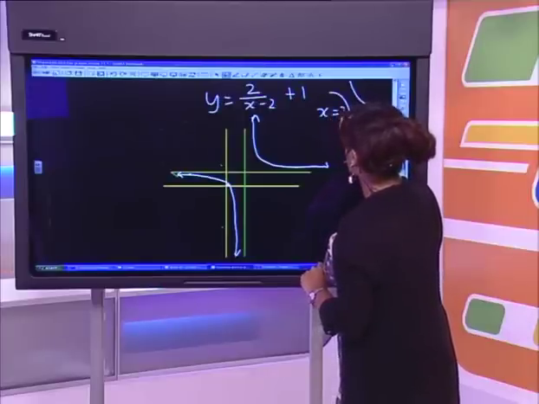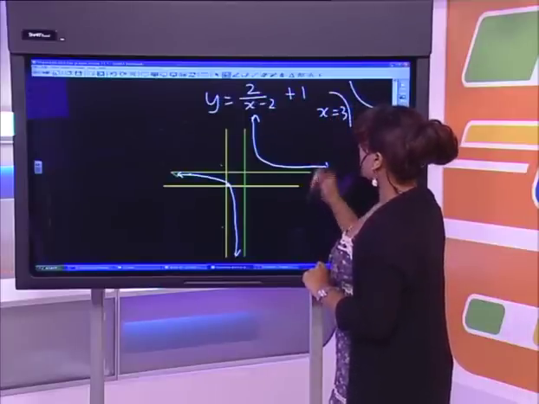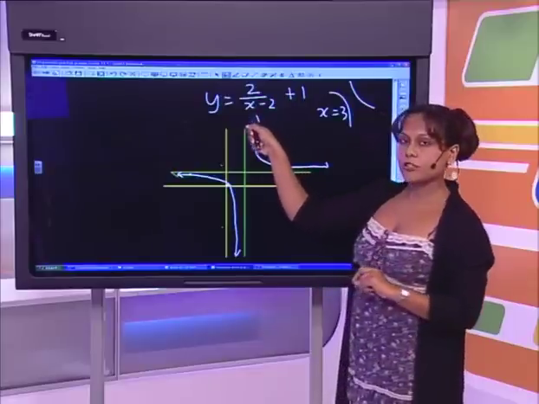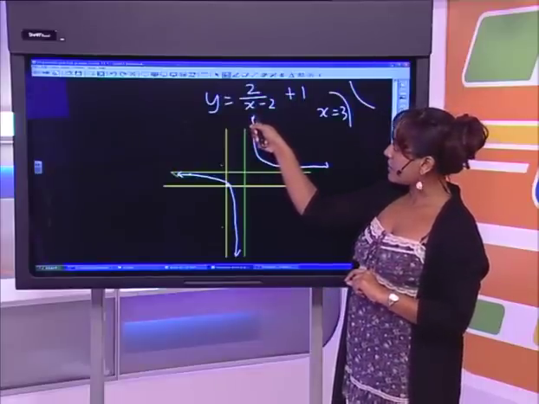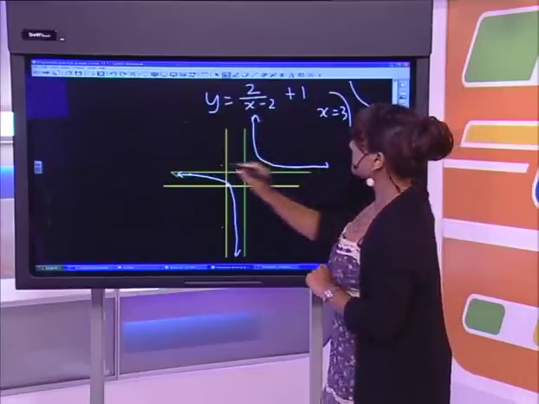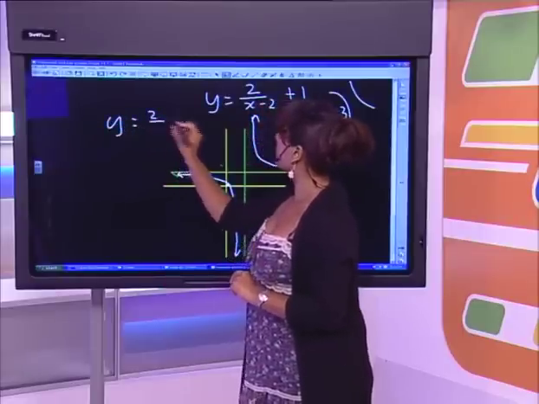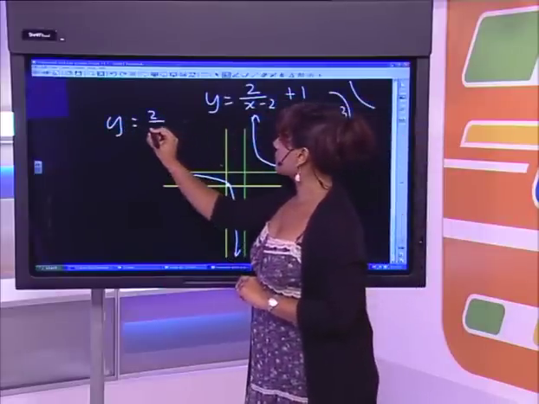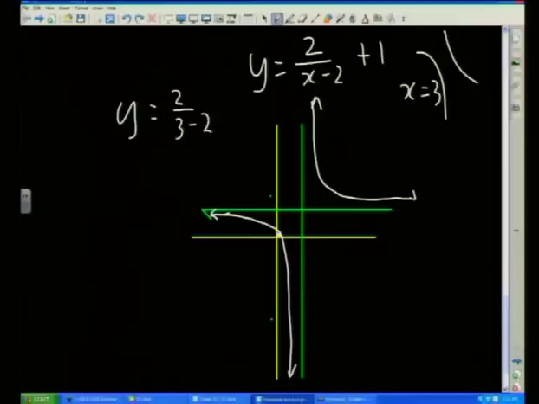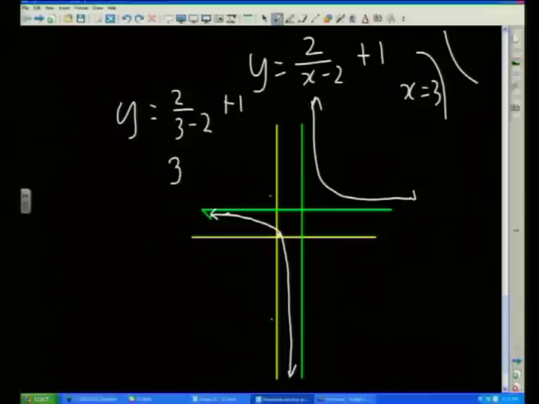I substitute x is equal to 3, so I get y is equal to 2 over 3 minus 2, plus 1. That gives me 2 over 1, which is just 2, and then 2 plus 1 is 3. So my output value, or y value, is 3.